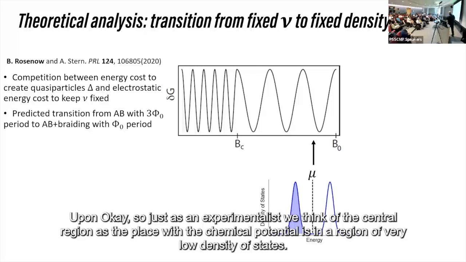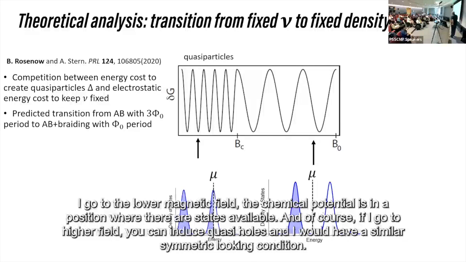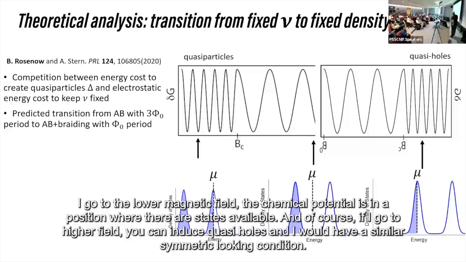Okay, so just as an experimentalist, we think of the central region as the place where the chemical potential is in a region of very low density of states. If I go to the lower magnetic field, the chemical potential is in a position where there are states available, quasi-particle states.